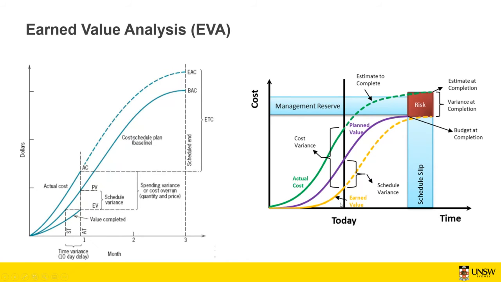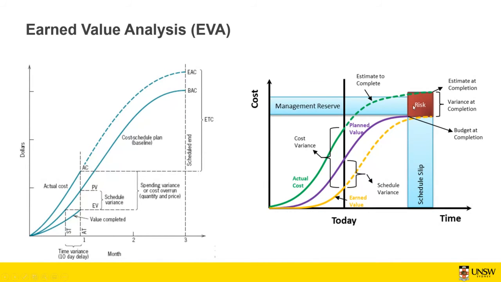And for earned value, because you're behind schedule, which means that you're supposed to finish the project at this time, but now because the earned value is lower, you have some schedule slip. So your project is going to be finished later.